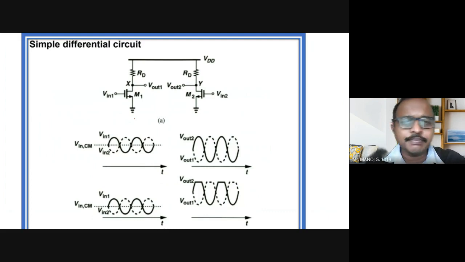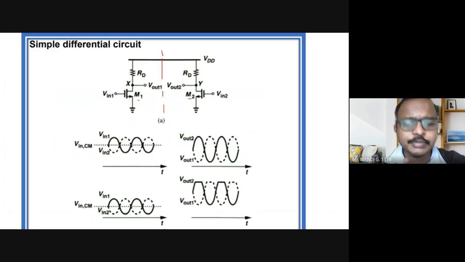Now we'll see a very simple differential circuit. This is two differential transistors, M1 and M2, and then you have the normal common source. This is symmetric. Symmetry means when you cut it across this end, you exactly have the same elements on the left and the right.